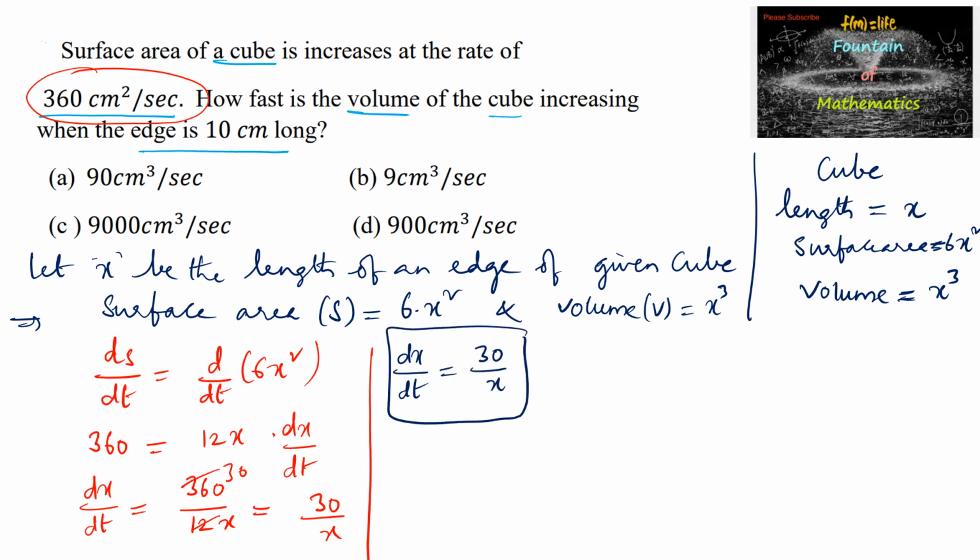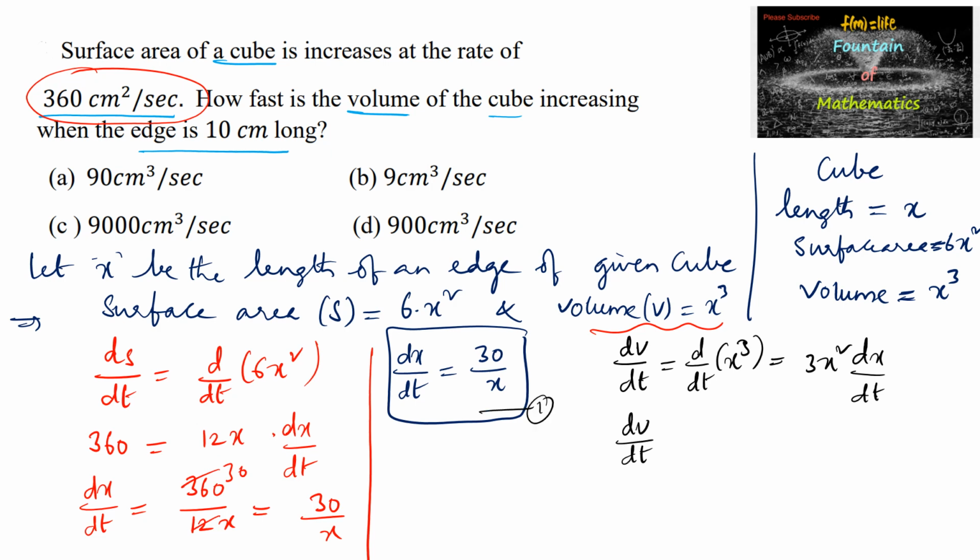Keep it separately. Now since volume is equal to x power 3, differentiating with respect to t, we get dV by dt is equal to d by dt of x power 3, which is equal to 3x square into dx by dt. Now let us substitute dx by dt: dV by dt is equal to 3x square into 30 upon x, which is equal to 90x.